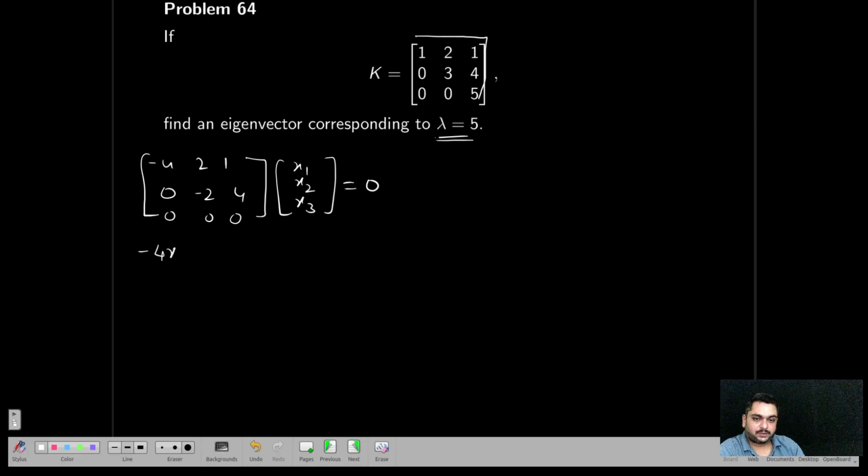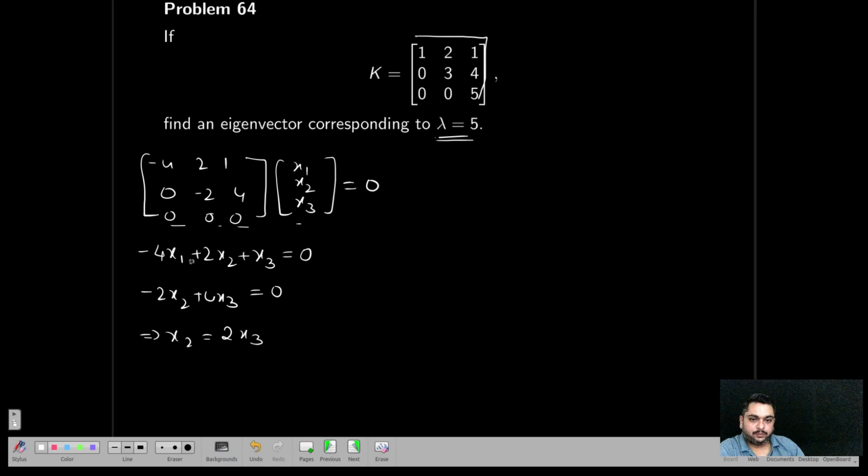So this is 4x1 plus 2x2 plus x3 is equal to 0. Then minus 2x2 plus 4x3 is equal to 0. This implies x2 is equal to 2x3. Then the last one is not there.